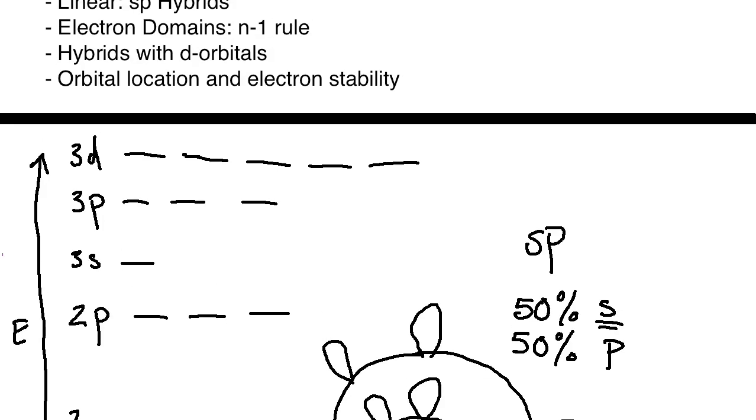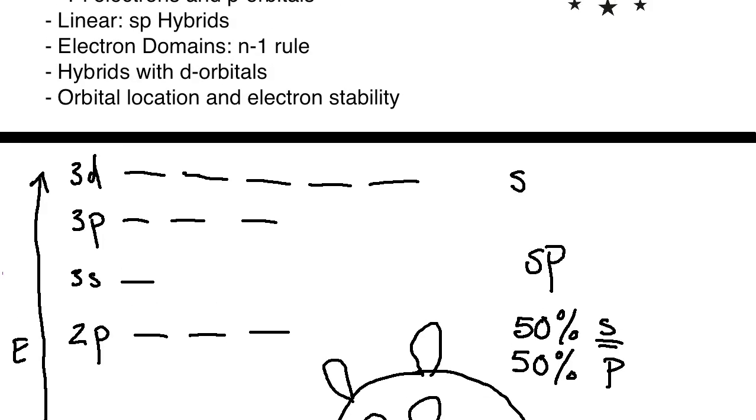Right? So if I have something, let's say like sp3, something that's sp3 is only going to be 25% S makeup in its character, and it's going to be 75% P makeup in its character. So if I find electrons in sp3 orbitals, those electrons are going to be further removed from the S characteristic, and therefore further removed from the nucleus due to the shape of the orbital, because it's more P-like in nature than it is S-like in nature.